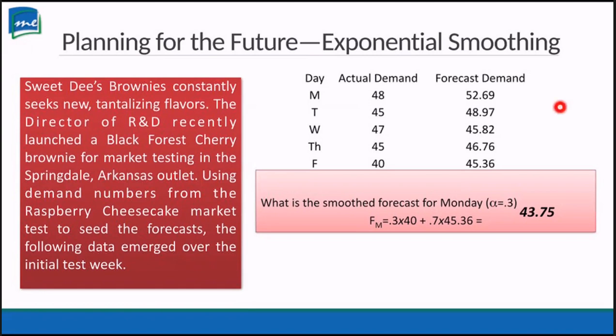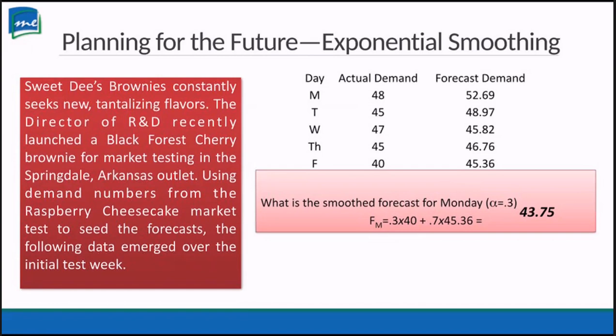For example, if we want to use the smoothing forecast for next Monday, we choose a minimum alpha, a small value for alpha, because for the actual demand we want to smooth the noise.